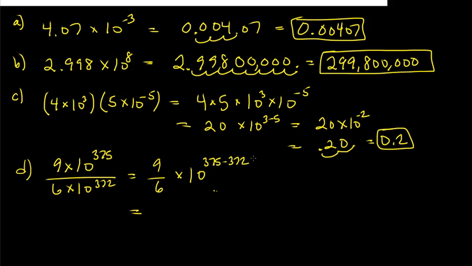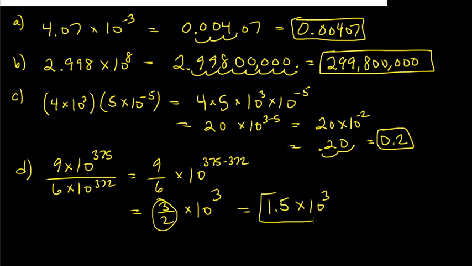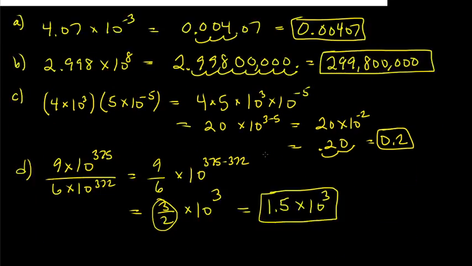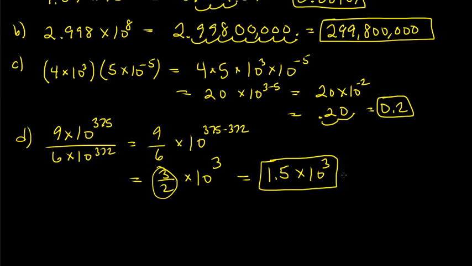So 9 over 6 reduces to 3 over 2, and 375 minus 372 is just 3. Okay, so 3 over 2 is just 1.5 as a decimal, and times 10 to the 3. And yep, that's already in scientific notation, so we can leave that alone. Oh, I'm sorry, they don't want scientific notation here. They want standard notation. Okay, fair enough.